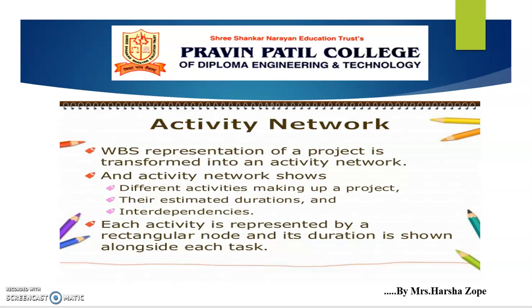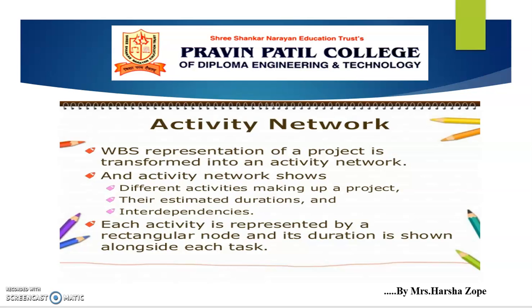Then the work breakdown structure is a representation of a project which is transformed into an activity network. An activity network shows different activities making up a project. The diagram which we have seen was a work breakdown structure in a tree format.